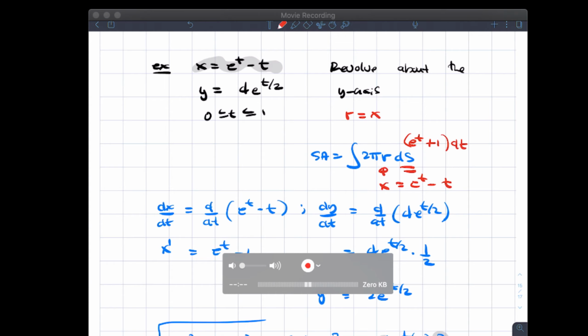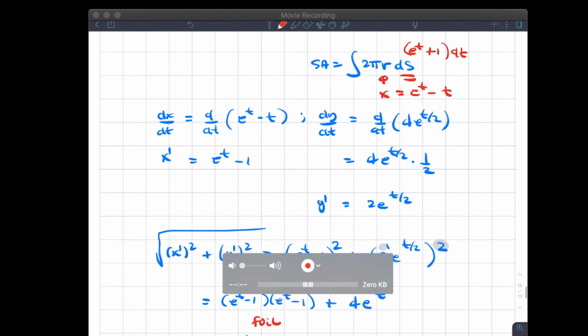So this is how we're going to integrate: we're going to find the surface area by integrating the product of this function. So yeah, radius here is x, and x is defined to be e to the t minus t. You're just plugging that in.